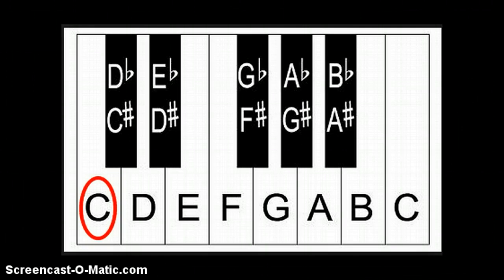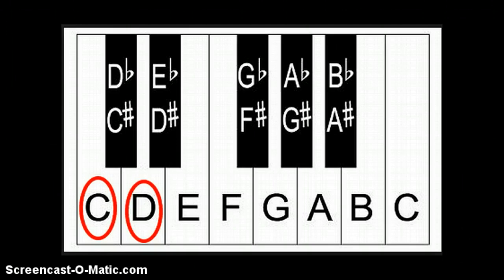But since we are now going up a whole step, which is two half steps, where do you think that would end up? Well, here's the answer. You would end up on D. So from C to D is a whole step, because from C to C sharp is a half step, and from C sharp to D is another half step, therefore creating a whole step.